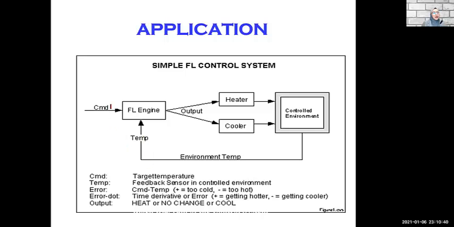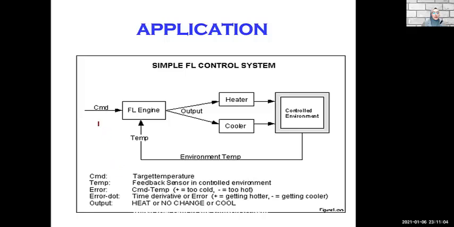So let's say the command temperature you want to set is 20 Celsius. And the feedback temperature might be 22, for example. TMP is 22. So you want to set the temperature, the command is 20, but the temperature from the sensor is 22.